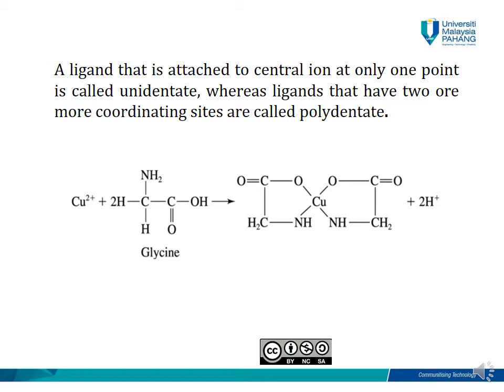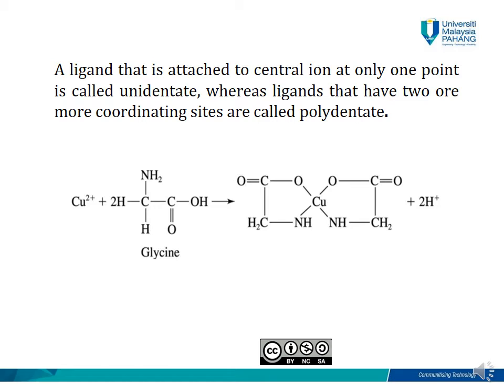Okay, so here you can see that copper requires four functional group sites that can bind together to form a new stable product or complex. Okay, so here you can see the complexation occurred in an acidic condition.